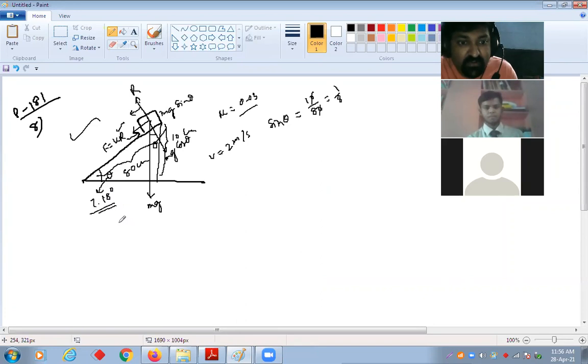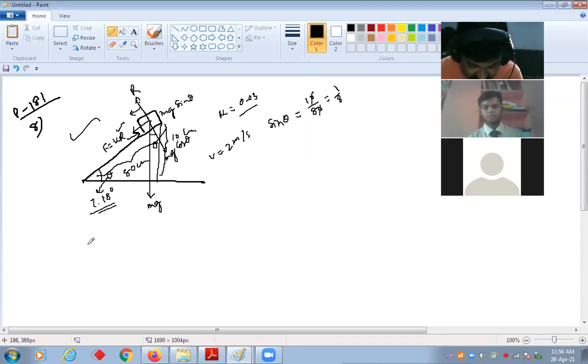Now find the length of the ramp. The question is, draw the diagram completely. When it reaches the bottom of the ramp, find the length of the ramp.